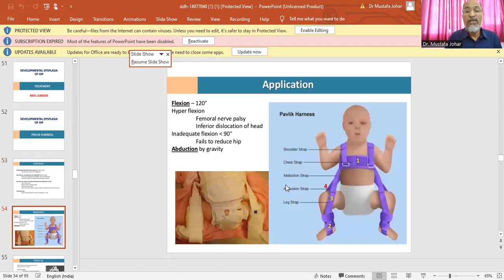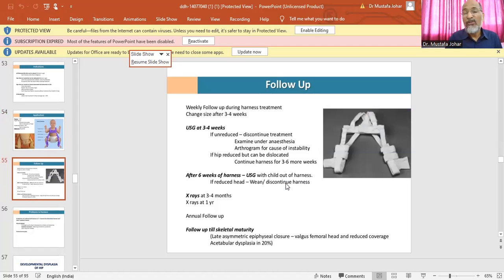This is how the straps are tied so as to keep the hip in abduction, in a safe zone of about 30 degrees, with external rotation and flexion at the hip and at the knee. In this, the nursing of the child is comfortable and the child can also sleep well in this position.